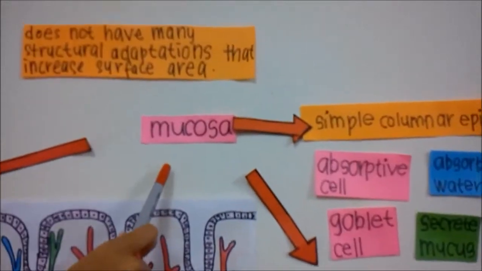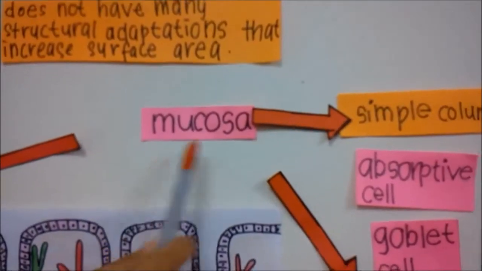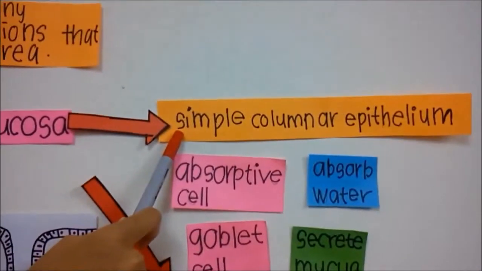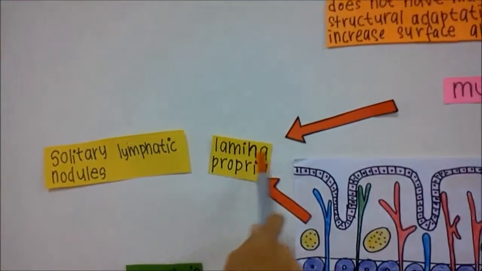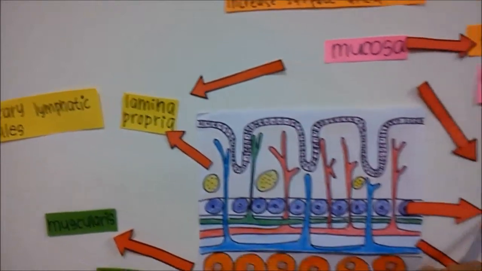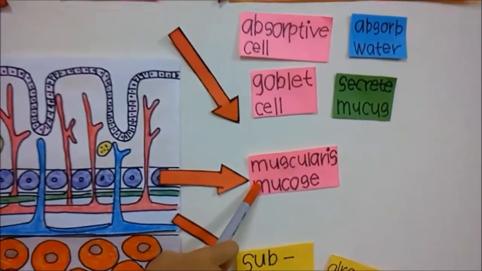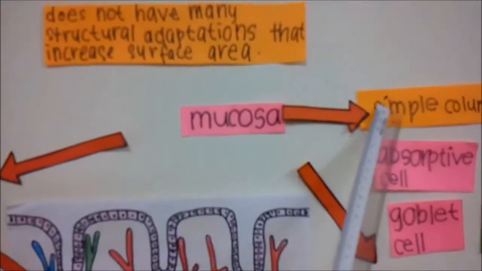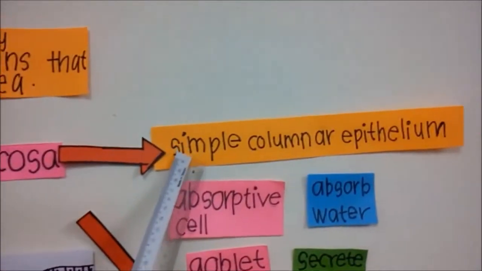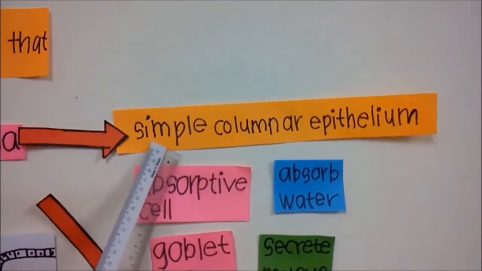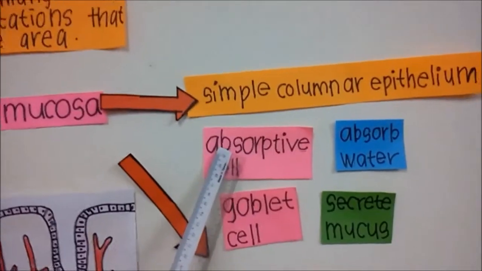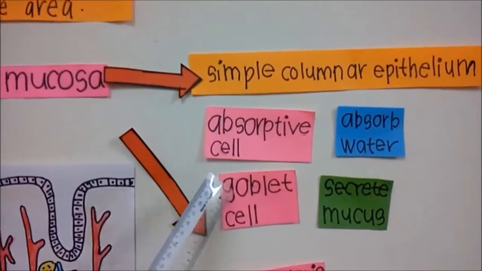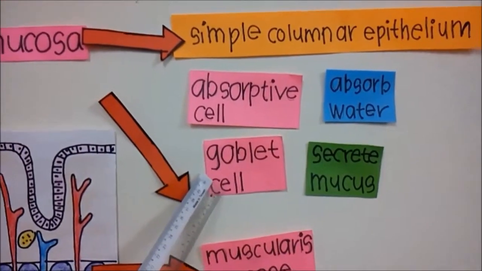Firstly, mucosa consists of simple columnar epithelium, lamina propria, and muscularis mucosae. Simple columnar epithelium consists mostly of absorptive cells and goblet cells.